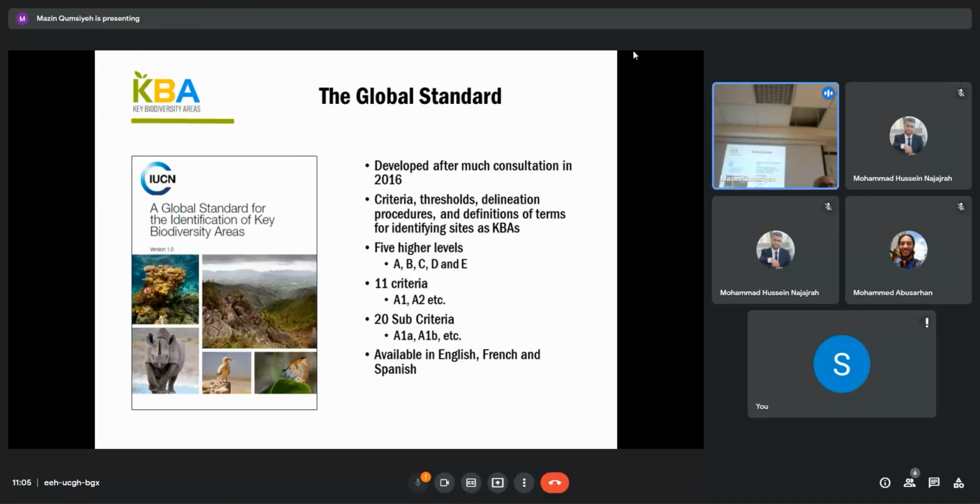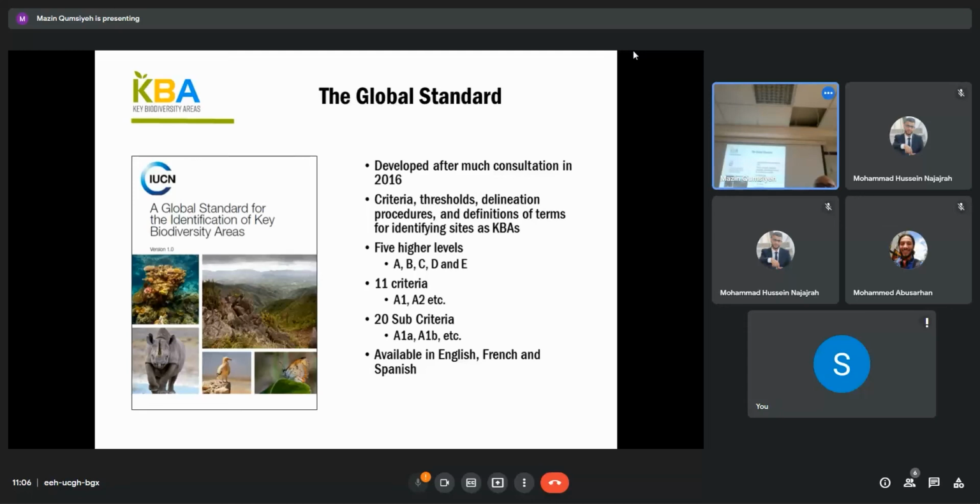And many donors, like the World Bank or the Global Environment Facility Fund, etc., often ask IUCN what the priorities in the world are, the priority sites on which we have to concentrate our funding.